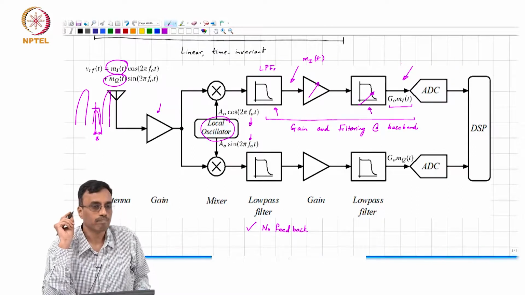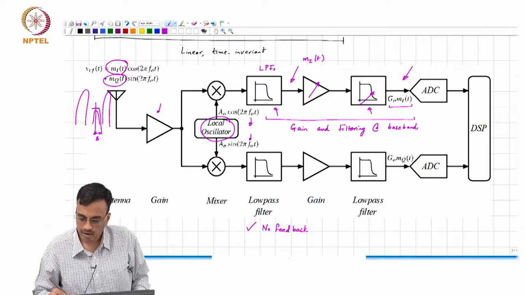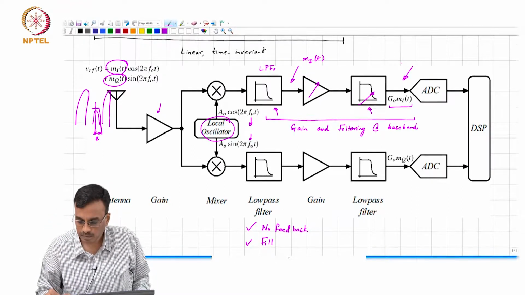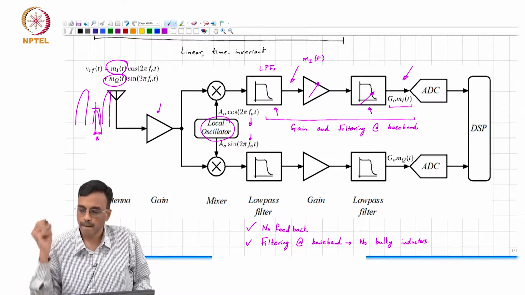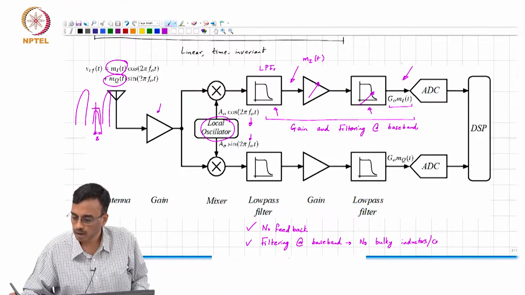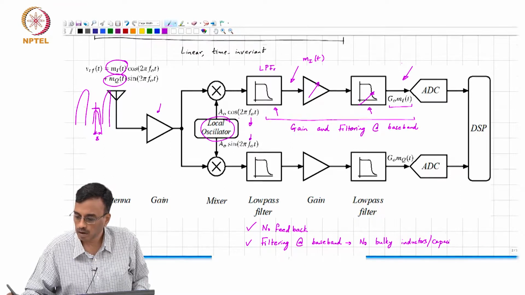Filtering happens at baseband, so no bulky inductors.